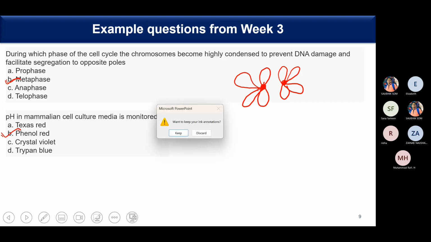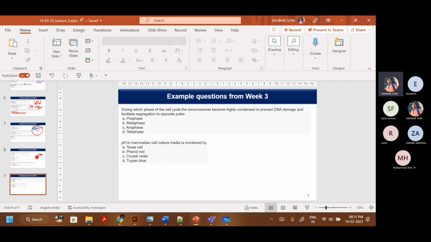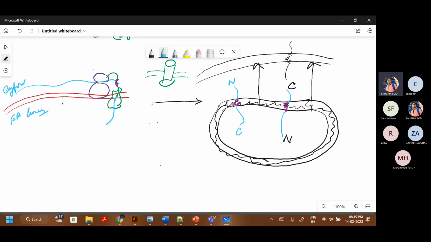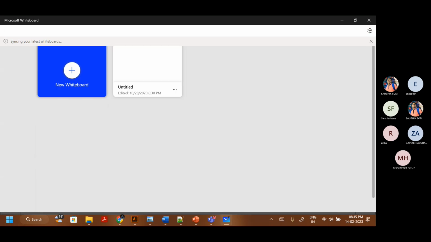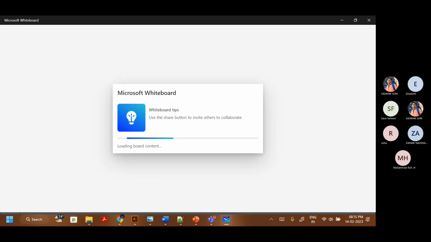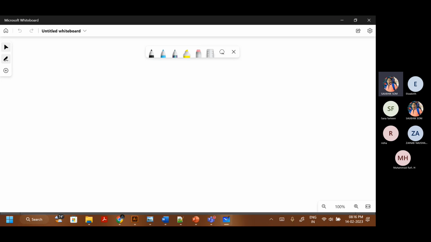Otherwise, I can teach you some cell biology techniques that we generally use in the lab setup, right? There are lots of things that we do in the lab.